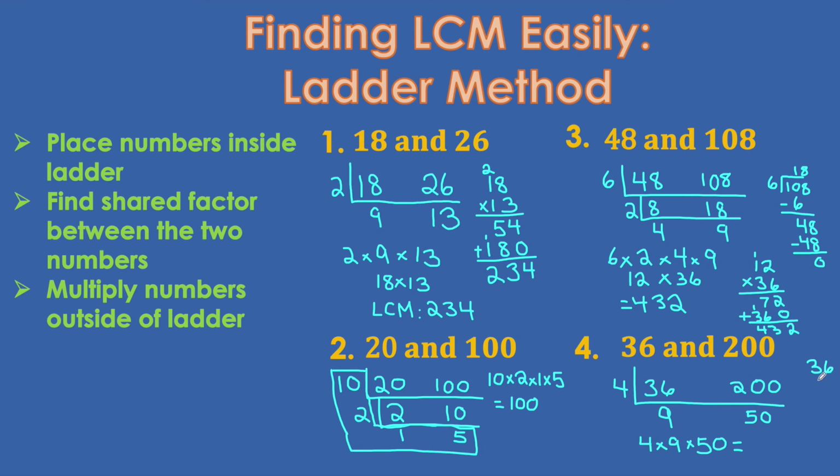So 36 times 50, you can just multiply 36 times 5 and then add the 0 at the end. That's a faster way to do it.